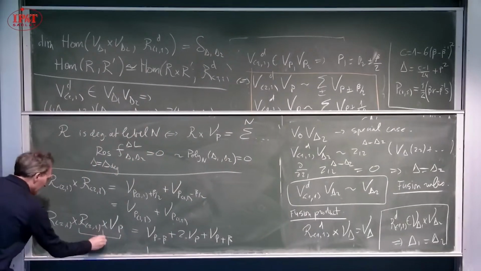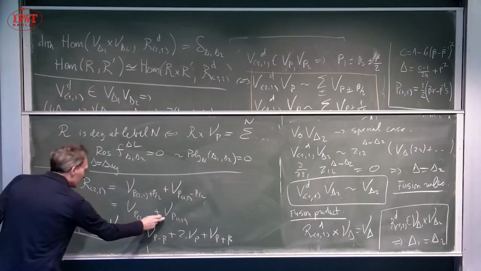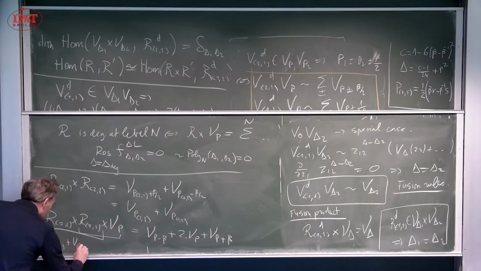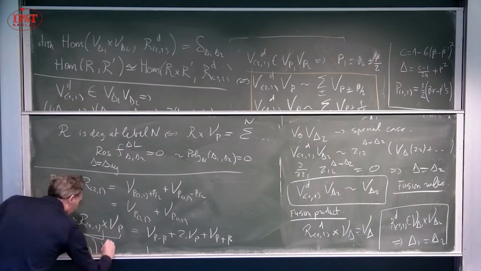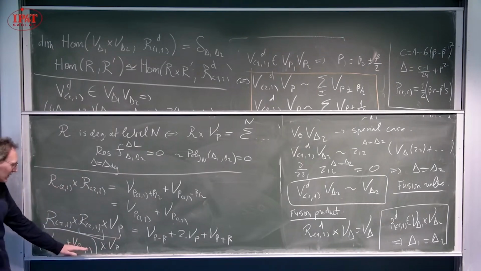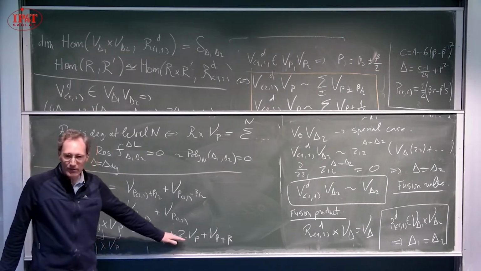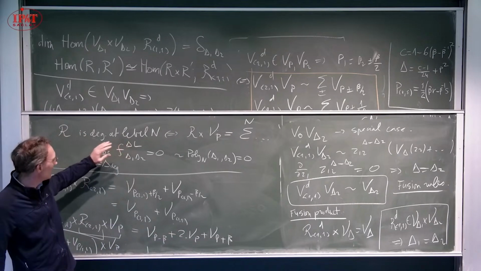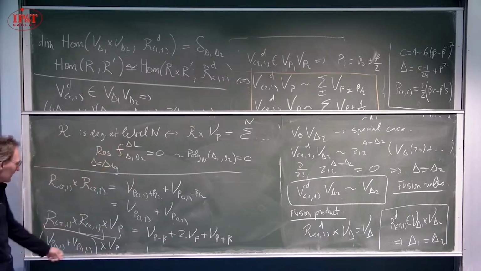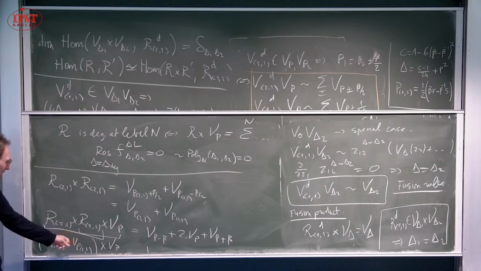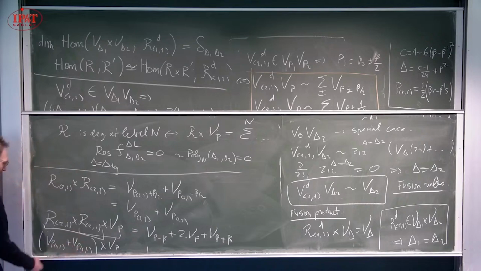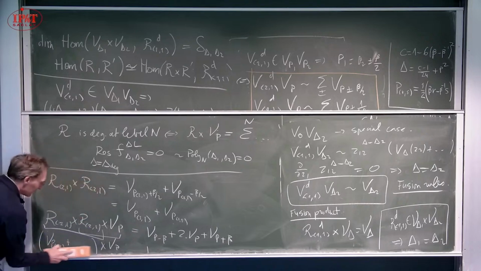On the other hand, I can do it like that, where I have here my two representations, VP31 plus VP11, times VP. But now, this product gives me finitely many terms. And by this general idea, this implies that these representations have in fact to be degenerate. And so this module, if it's degenerate, it means it's just R11.